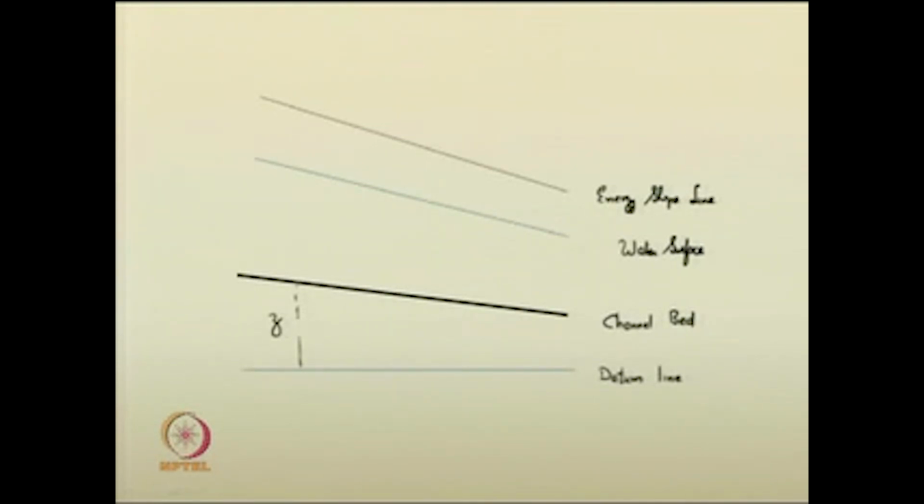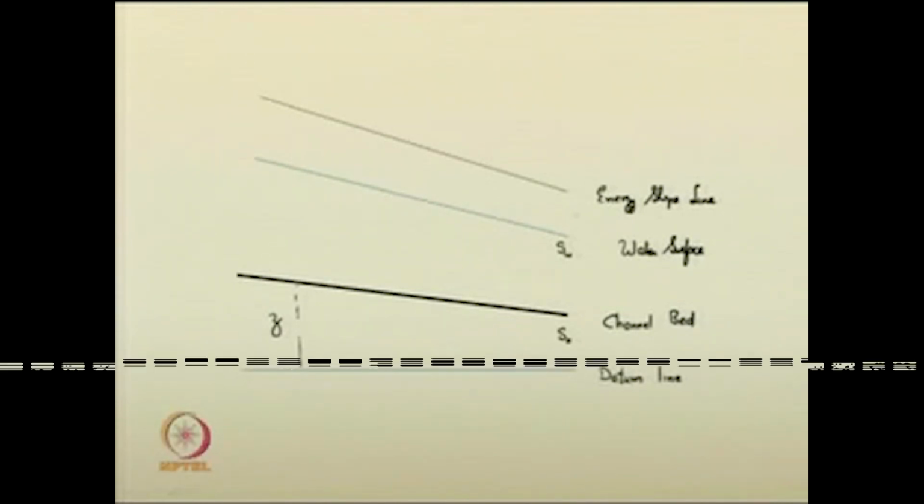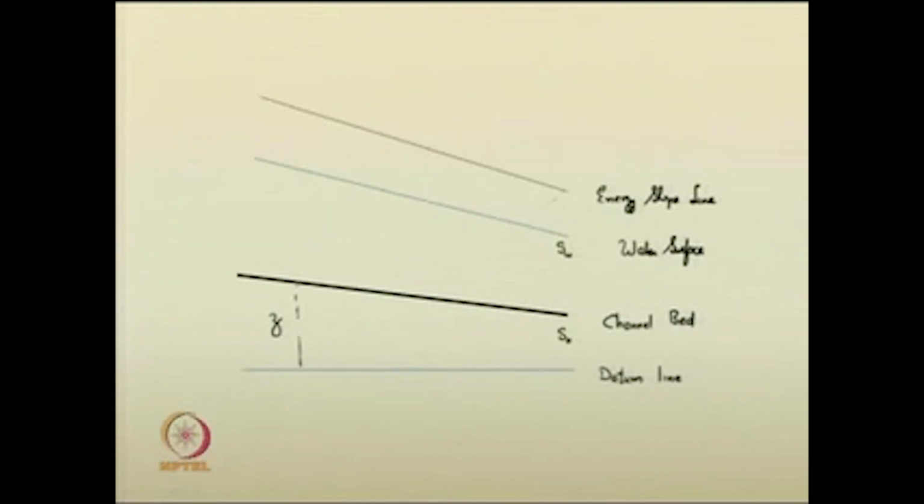So, what are these quantities? Datum, channel bed and slope of the channel bed, you know it is given by the quantity S0. The water surface line is given like this, and the slope of the water surface is given as SW, if you recall them. The energy slope line, if the energy quantities can be evaluated, you can easily give this quantity as SE or SF, right?